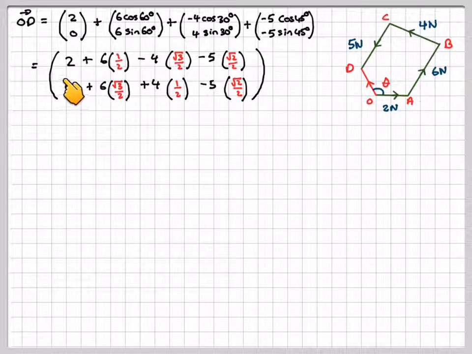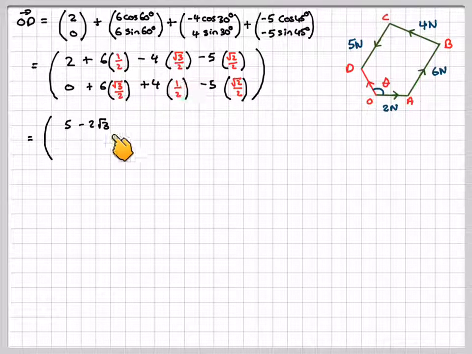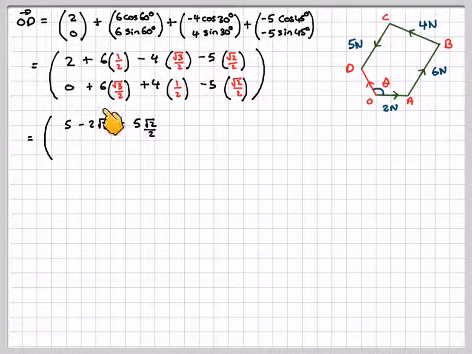Simplifying that, this becomes 2 plus 3, which is 5, minus 2 root 3, minus 5 root 2 over 2. Here we're going to get 3 root 3, plus 2, minus 5 root 2 over 2.